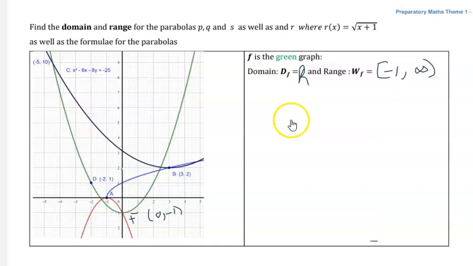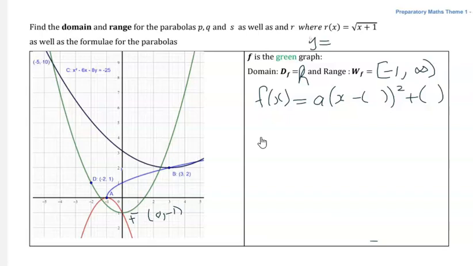We can now write the equation for this green graph. This is f, which is equal to a times (x minus the p-value) squared plus the q value, because we want to write it in the form y equal to a(x minus p) squared plus q.